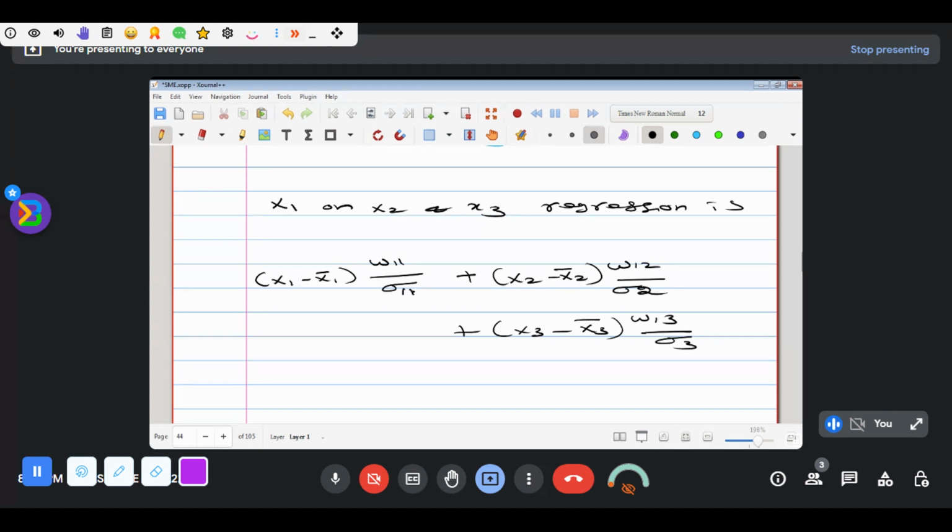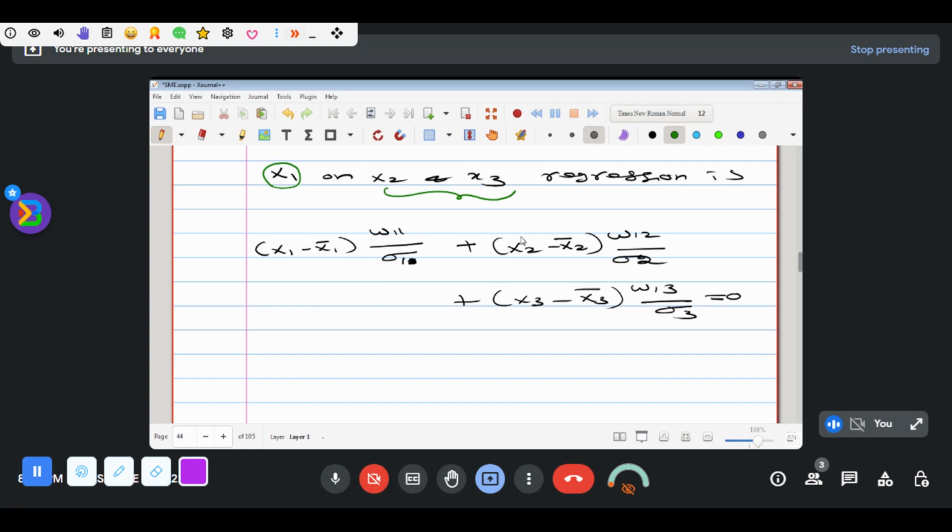This one is sigma 1 only, single variable, therefore I am using sigma 1 only. Equal to 0. This is a regression line, the regression equation of X1 on X2 and X3.